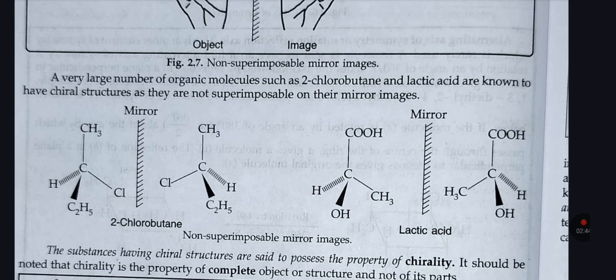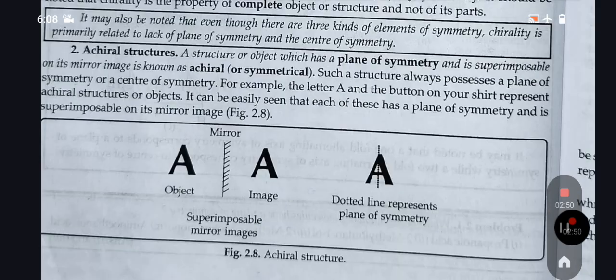It should be noted that chirality is the property of complete objects or structures and not of its parts. It may be noted that even though there are three kinds of elements of symmetry, chirality is primarily related to lack of plane of symmetry and the center of symmetry.